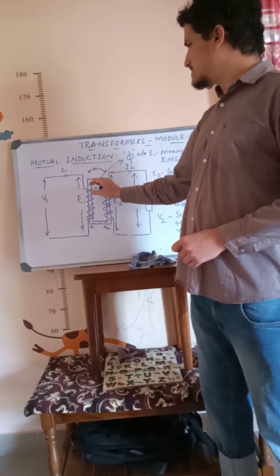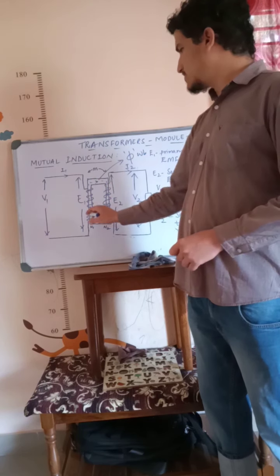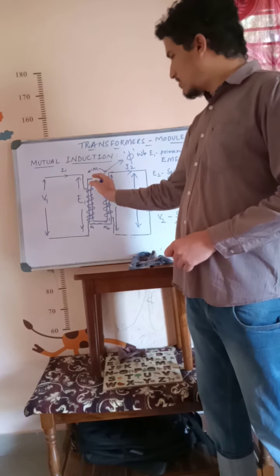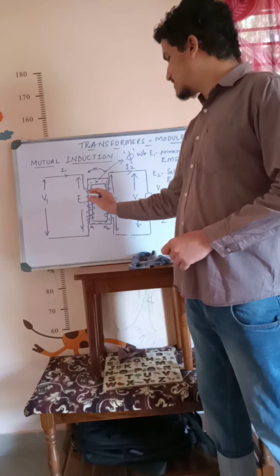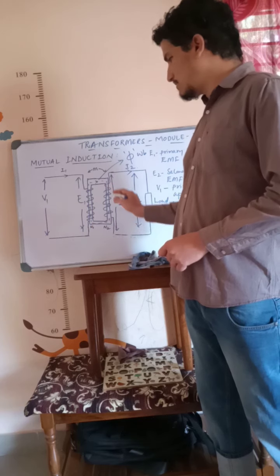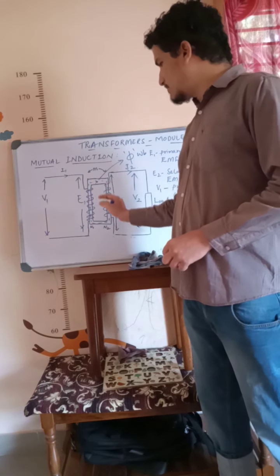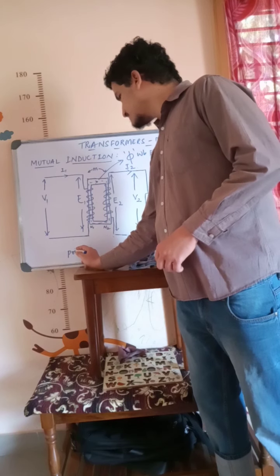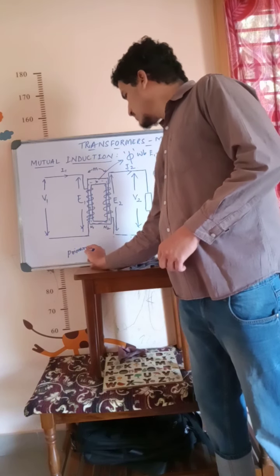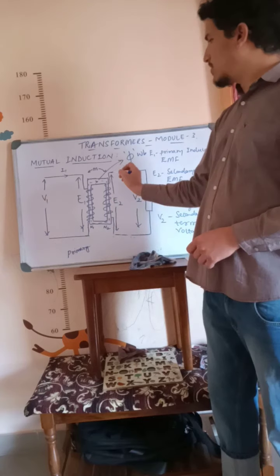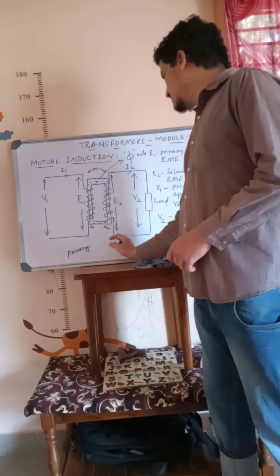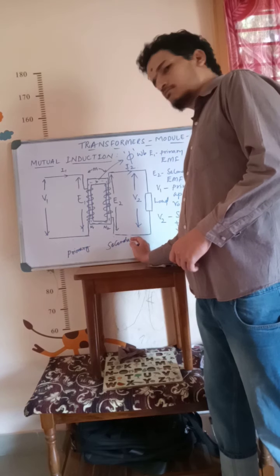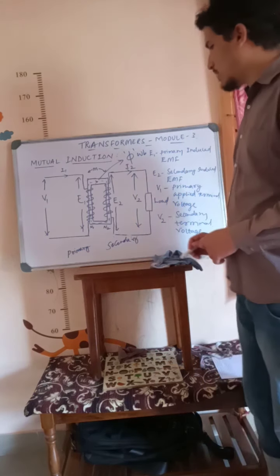Let me say this is a silicon steel magnetic core which will give a path for this flux. On this core, two coils are wound, coil number 1 and coil number 2. Let this coil number 1 be called the primary winding, and let me call this secondary coil the secondary winding.